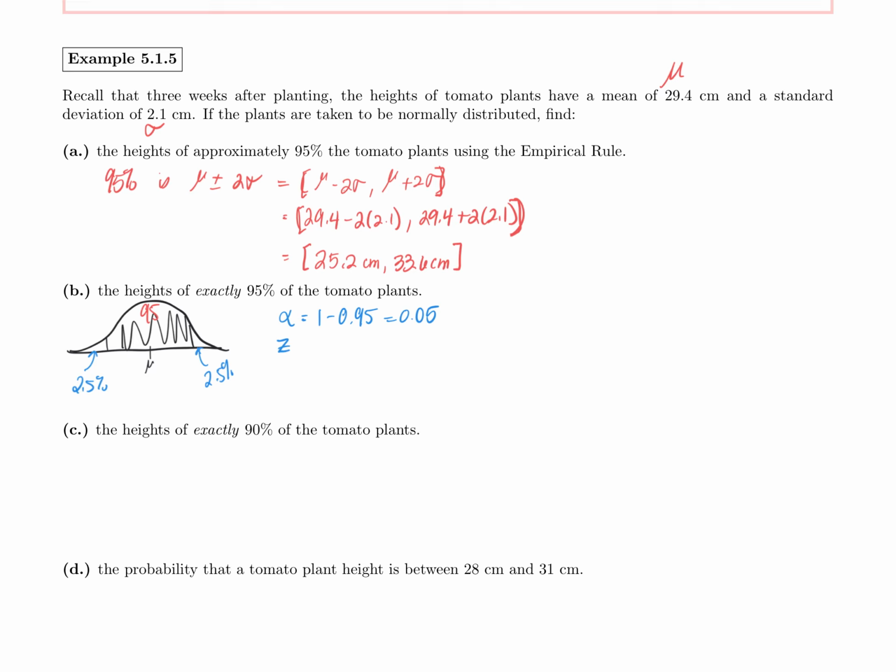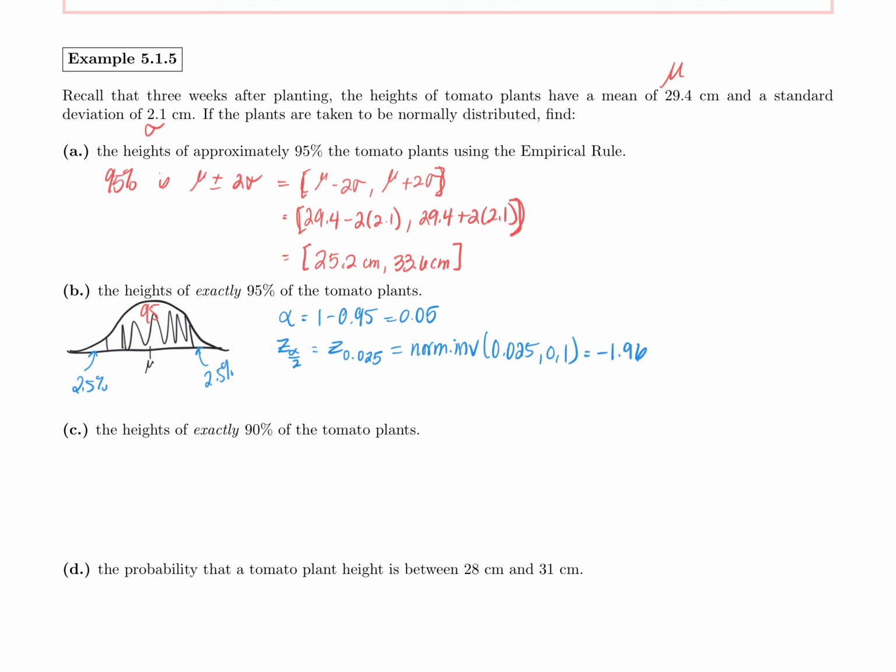So z of alpha over 2, which is again just one tail, is going to be the same as our z at our 2.5%, which as a decimal is 0.025. We're going to find that by using our norm.inverse of 0.025 with our standard normal 0, 1. And this gives us a negative 1.96.